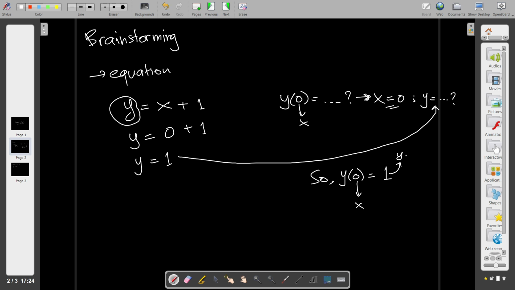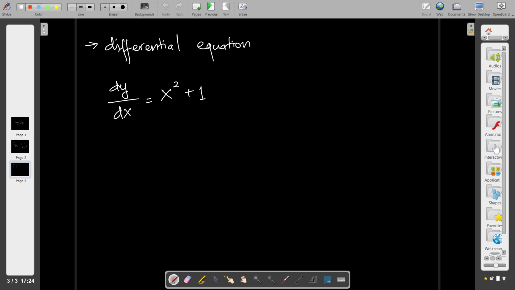But in a differential equation, we have dy per dx, and this is called the differential expression. That's why the equation is called a differential equation.